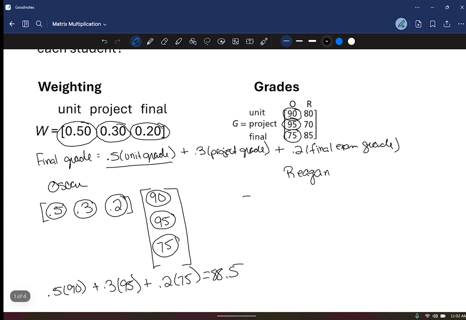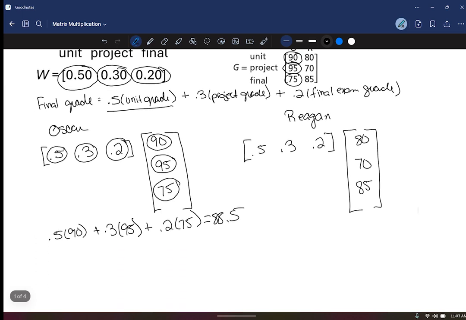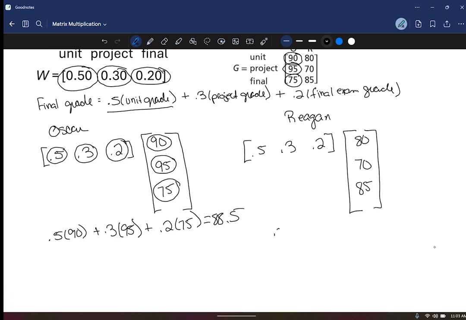So we have the same percentages, the 0.5, the 0.3, the 0.2, but her grades are different. She has an 80 for the unit, a 70 for the project, and an 85 for her final semester test grade. So we have 0.5 times 80 plus 0.3 times 70 plus 0.2 times 85, which gives us 78.